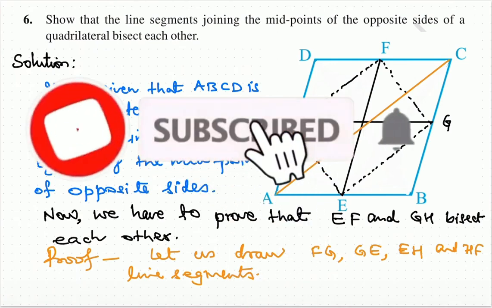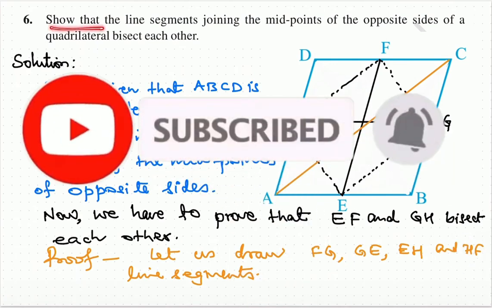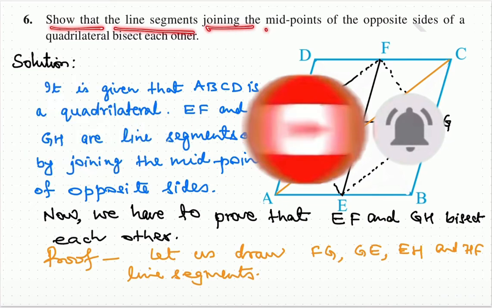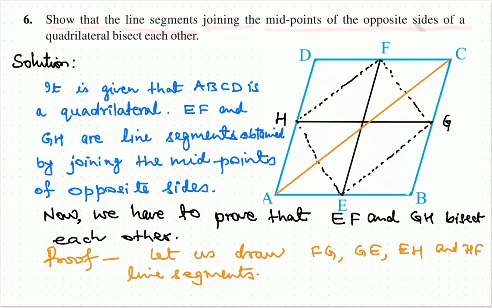It states that the line segments joining the midpoints of the opposite sides of a quadrilateral bisect each other. So we have to prove that if we join these midpoints of opposite sides, it will make a quadrilateral.